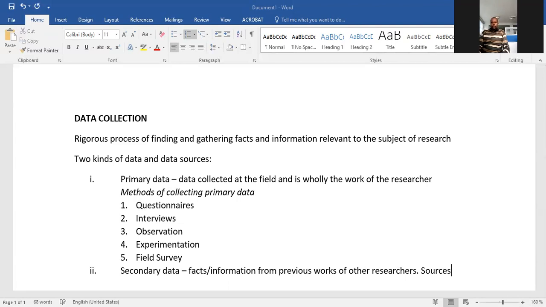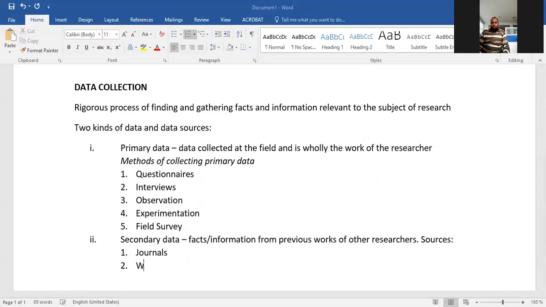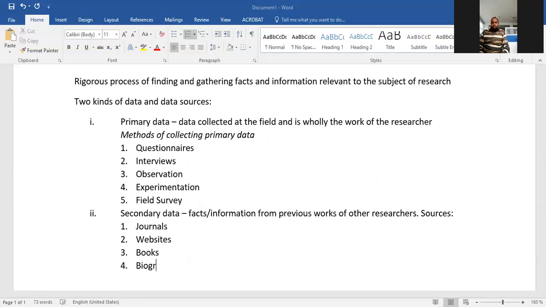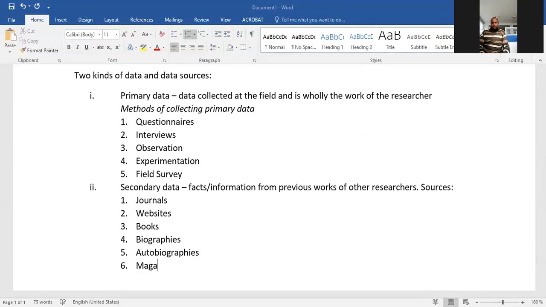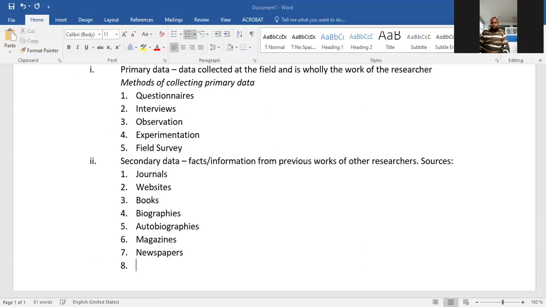Sources of secondary data. We have journals, websites, books, biographies, autobiographies, magazines, newspapers, diaries, etc. Secondary data is basically facts or information from previous works of other researchers.